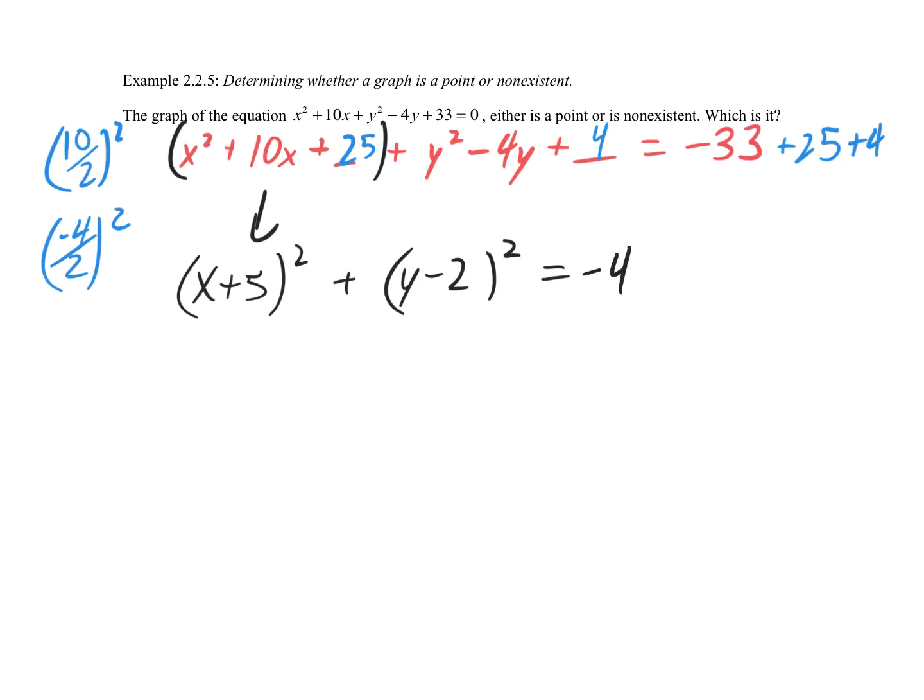And immediately I'm hoping alarm bells went off in your brain when you heard me say that, because negative 4 cannot be r squared. That makes no sense. And so having this negative here just means that this is a non-existent value.